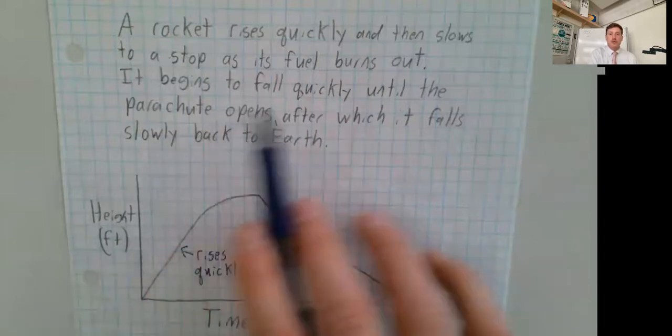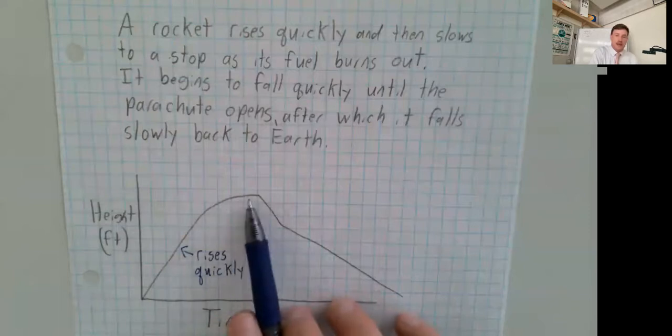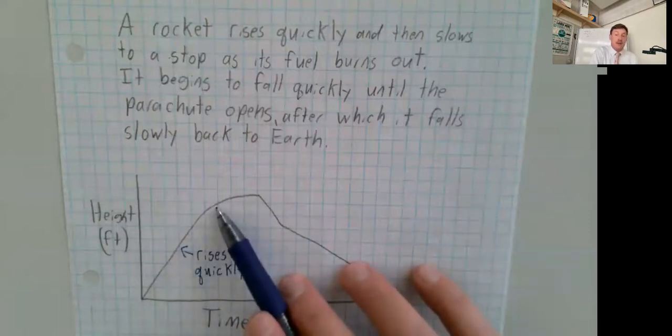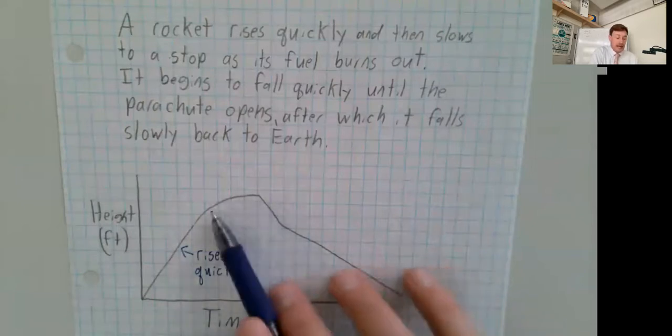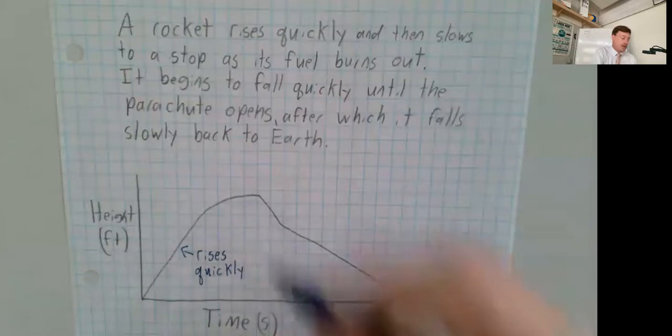And then it slows to a stop as its fuel burns out. So here's when it starts to level off. It's blasting off super quick. At this point, the fuel burns out and it basically comes to a standstill. It doesn't increase in height anymore. It's almost staying at that same height for just a moment right here.